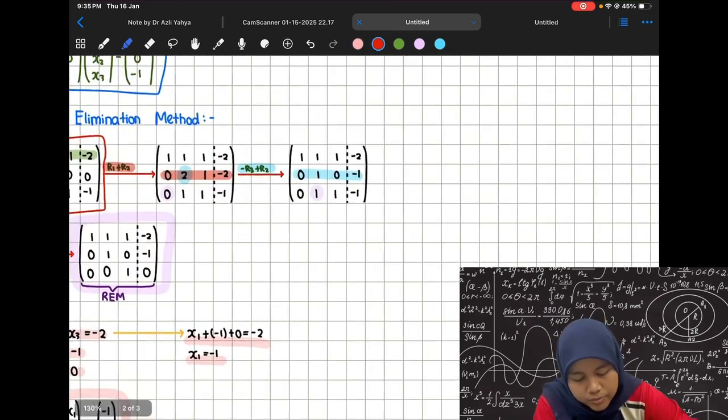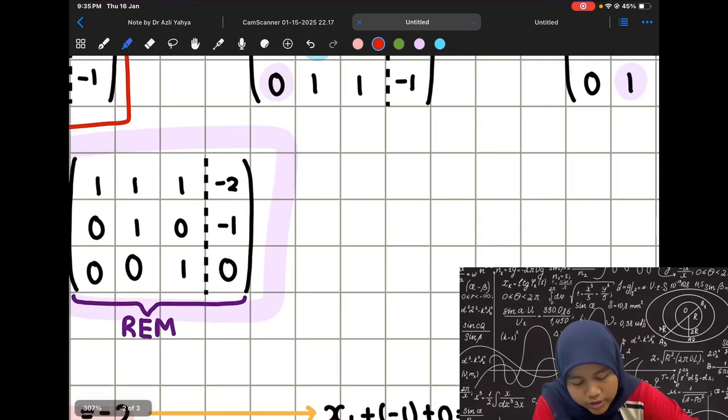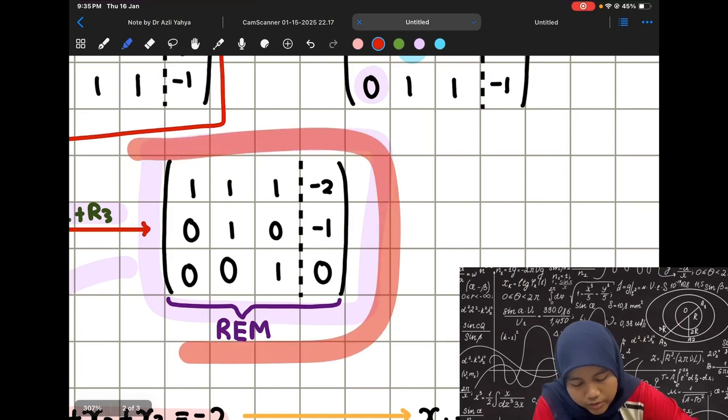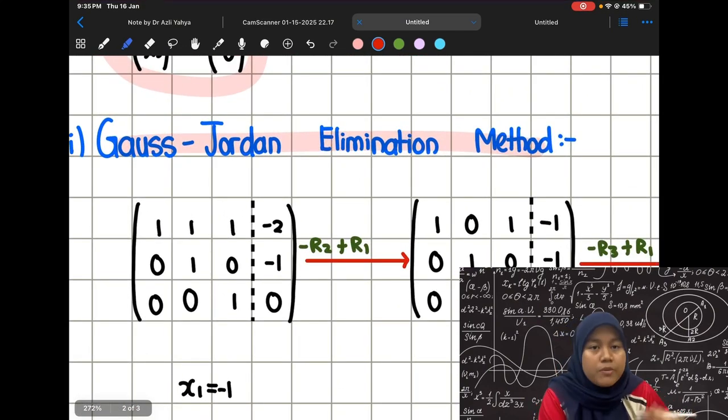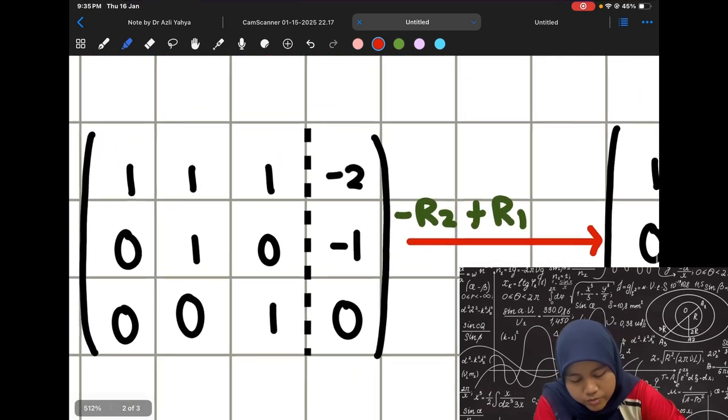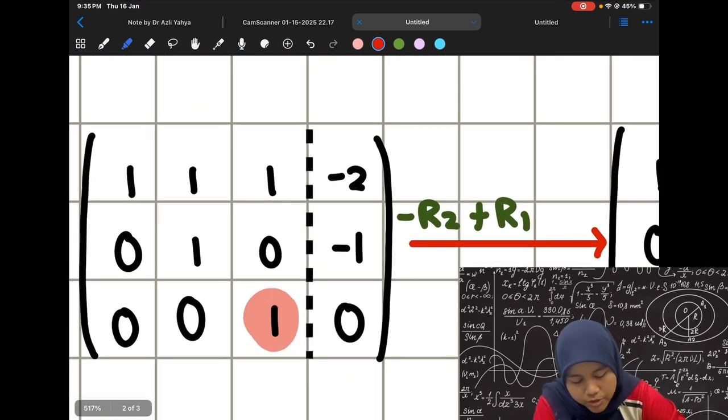So I take the previous matrix form, this, to continue to do Gauss-Jordan elimination method. So since this number already leading 1, so we need to change this number and this number into 0.